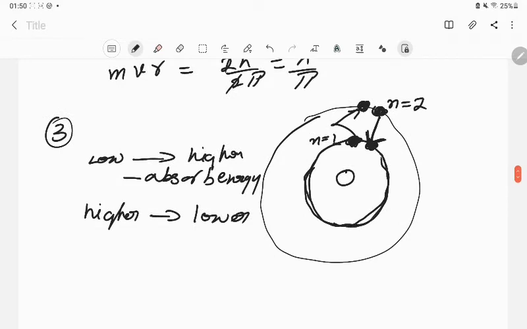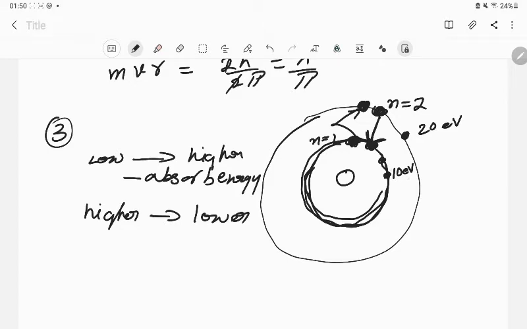Because in the first orbit the energy is fixed. Let's say 10 electron volt is in the first orbit, and in the second orbit it is 20 electron volt. Just an example. An electron which has 20 electron volt energy cannot move in the first orbit, because here the energy is only 10 electron volt.